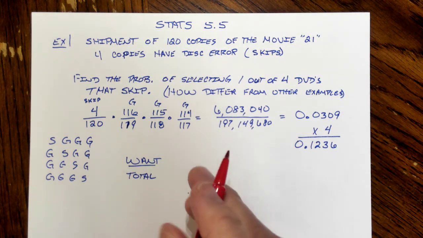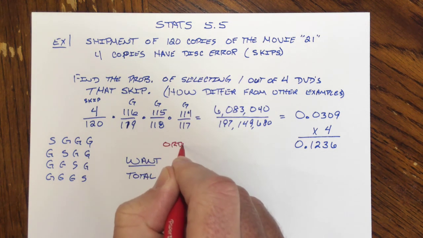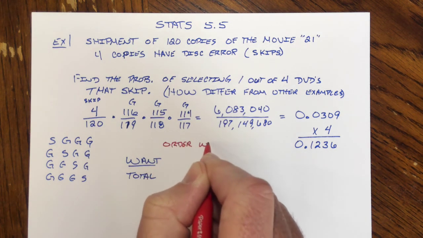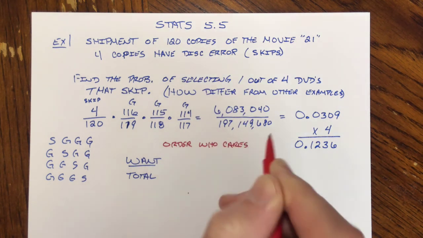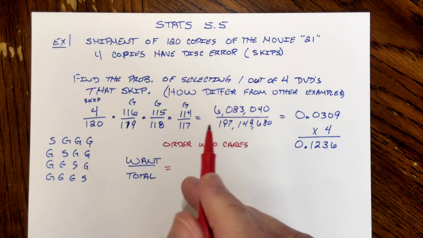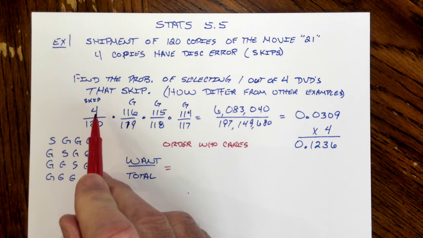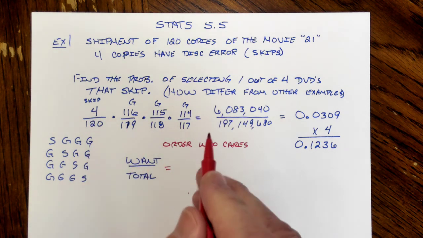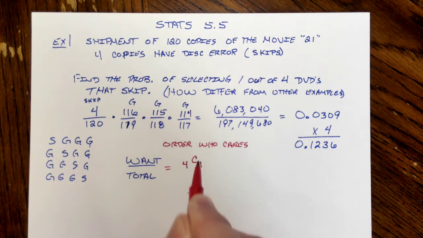It does not. Order, who cares? So we can do this. Again, you might like this. Fine, roll with it. But there's 4 of them. We don't care which one we get. So 4 combination 1.